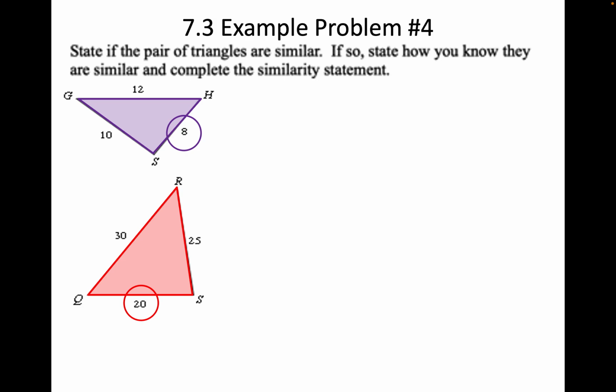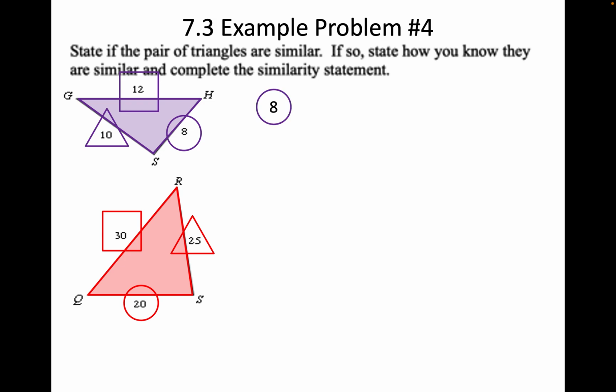For the middle side, I'll use the shape of a triangle. Again, I could have used anything. I'm just using a triangle. And so that 10 must correspond to the 25. And then finally, for the third side, for that 12, I'll use a square. So I know that 12 must correspond to the 30. And again, the shapes themselves don't have any meaning.